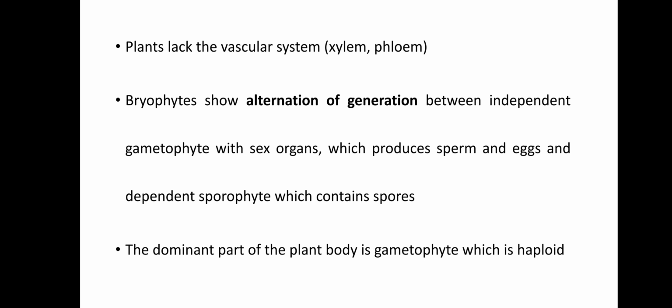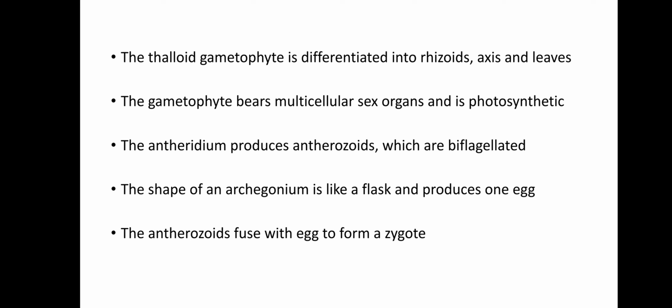That plant body is haploid in nature, and it produces gametes, male gamete and female gamete. The next generation, which is the sporophyte generation, depends on the gametophyte for its nutrition. The thalloid gametophyte is differentiated into rhizoids, that means root-like organs, an axis, that is a stem-like organ, and a leaf-like organ sometimes present in the gametophyte phase of the bryophyte.